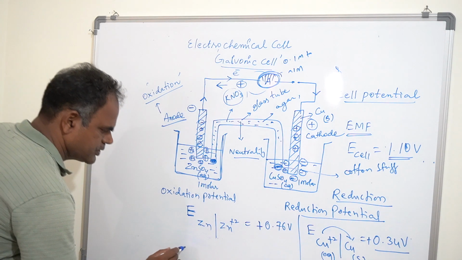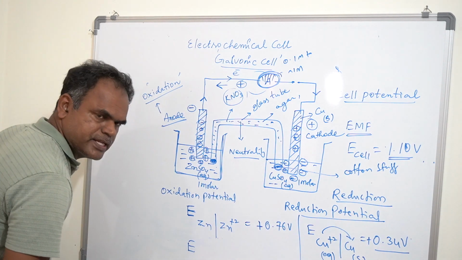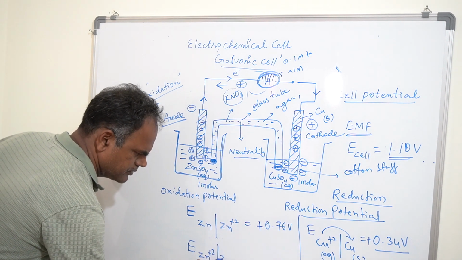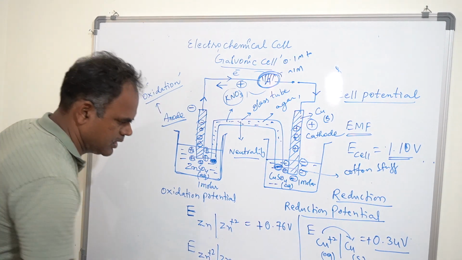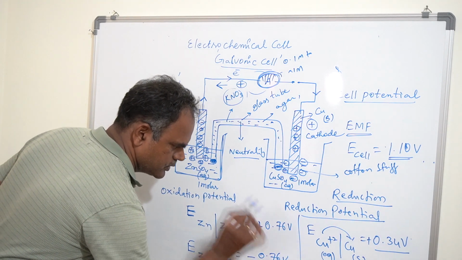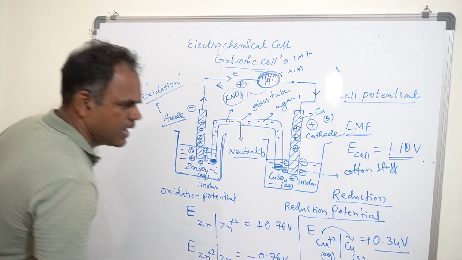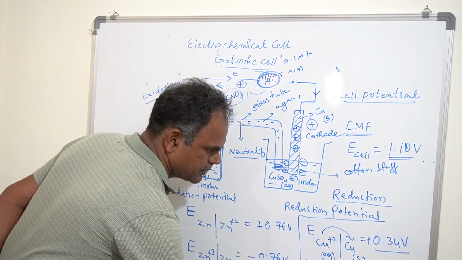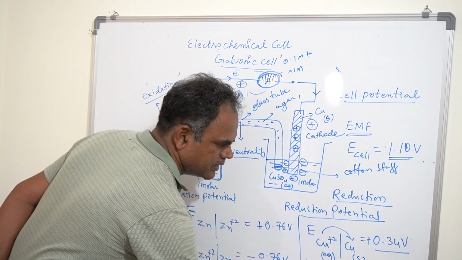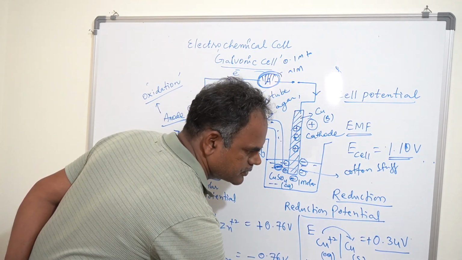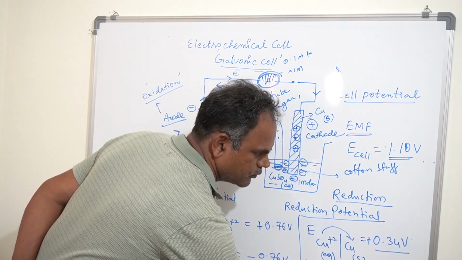So the reduction potential of zinc is written as Zn plus 2 to Zn, equal to minus 0.76 volts. And in case of copper, the reduction potential of Cu plus 2 aqueous to copper metal solid is equivalent to plus 0.34 volts.